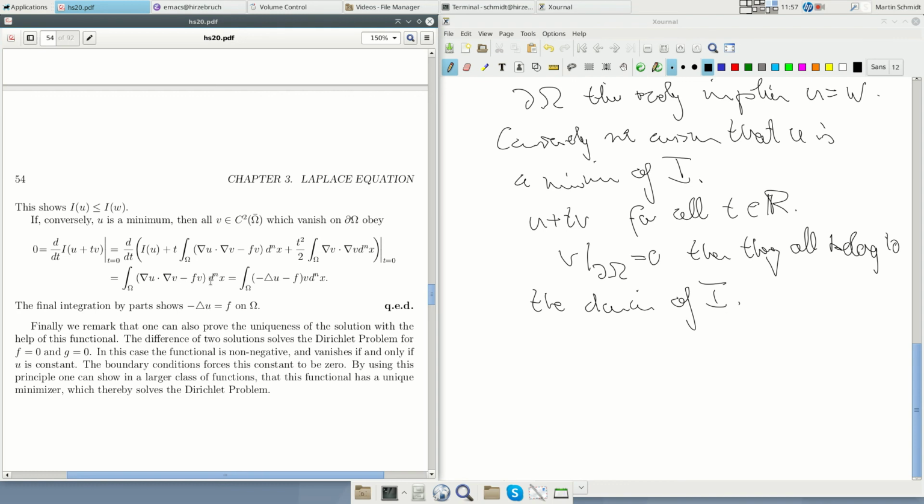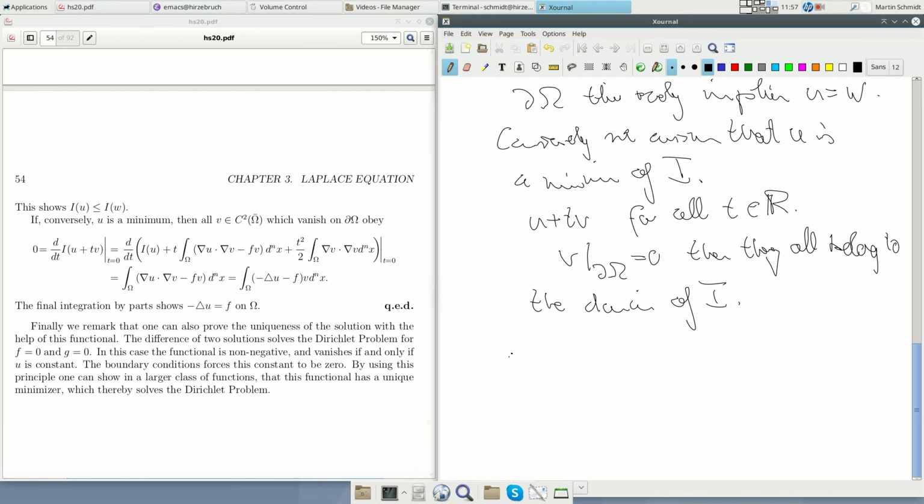Here we do again a partial integration. We use the divergence of gradient u times v, which is Laplacian u times v plus gradient u times gradient v.